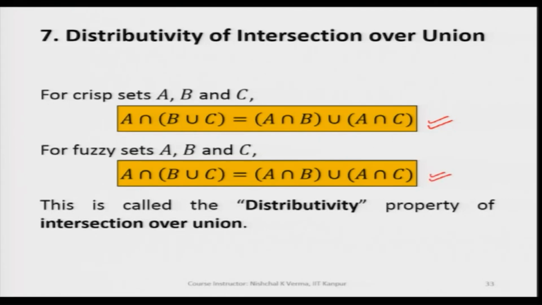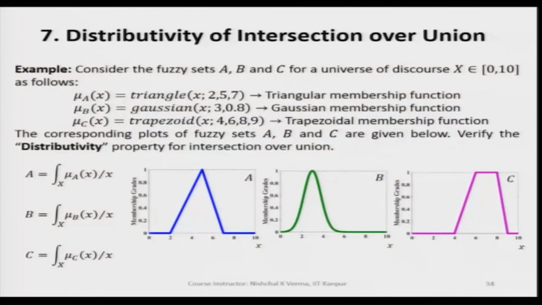So, this means that the distributivity of intersection over union for fuzzy sets is also holding good, for fuzzy sets A, B and C, same as crisp sets. Now, let us try to see how this is holding good for fuzzy sets A, B and C.